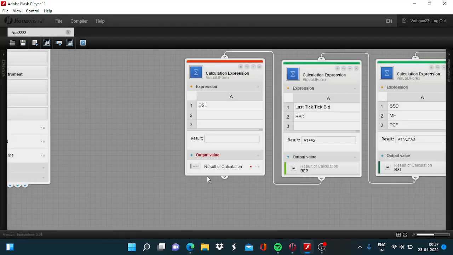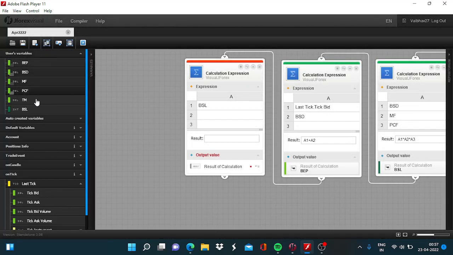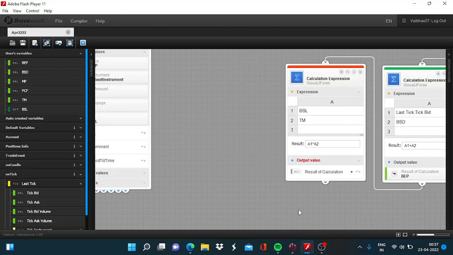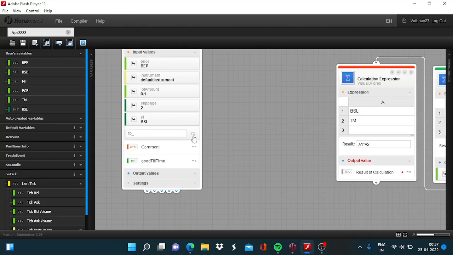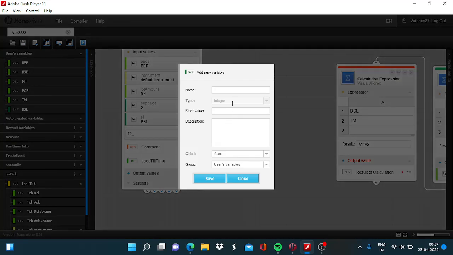Target price multiplier. So this will be A1 into A2 and the output value will be assigned to this variable.